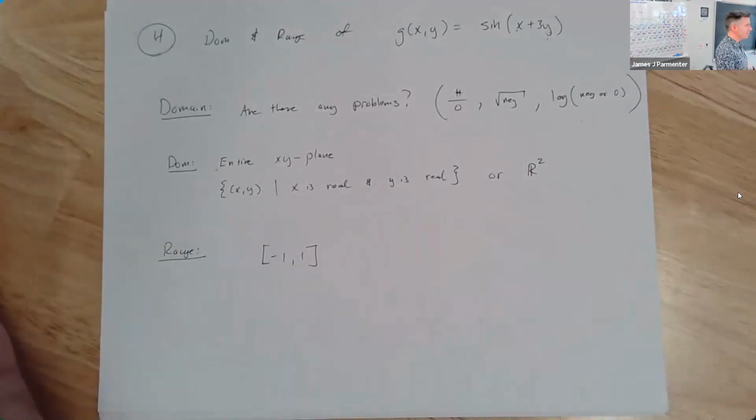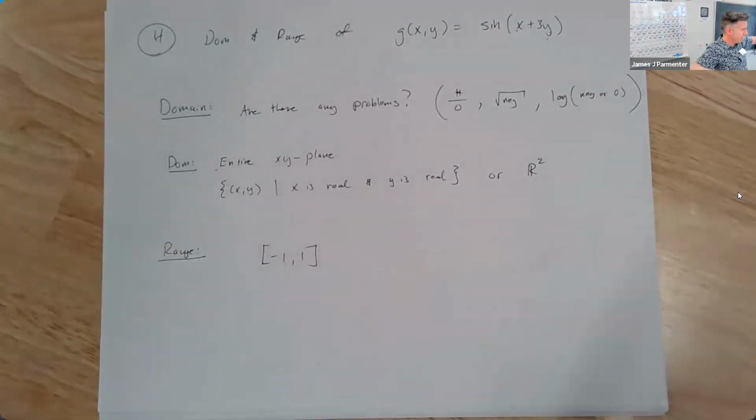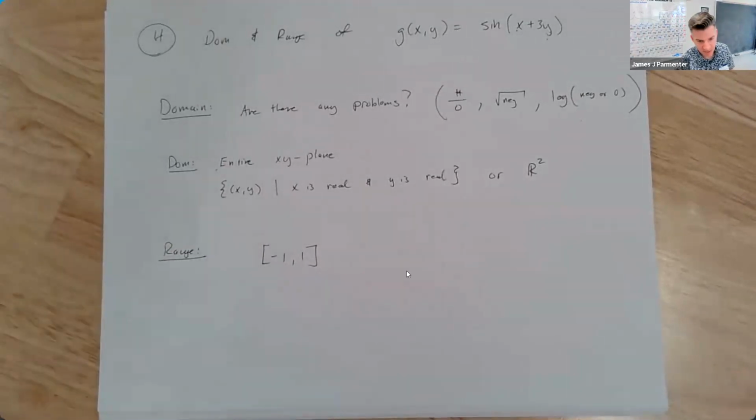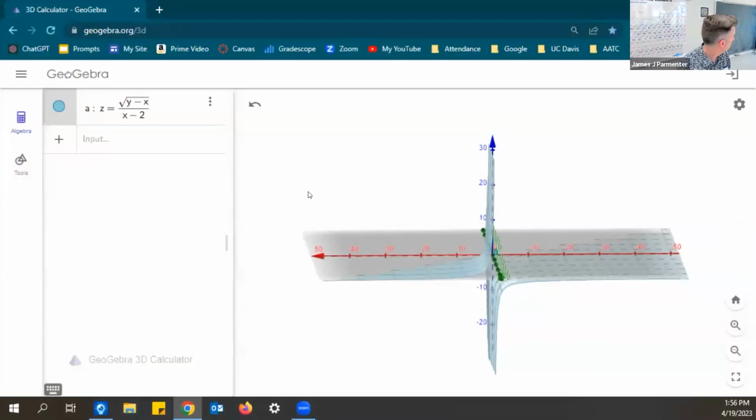If you graph this in 3 dimensions, it looks like a plane of waves, going this way, going that way. I mean, why am I trying to describe it when I can show you?